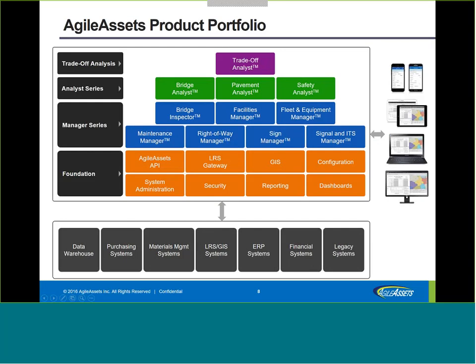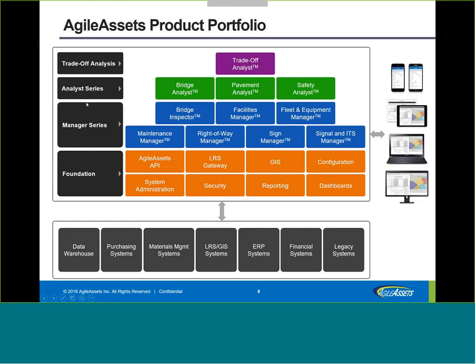Those all fall into the system foundation. Then we have a manager series. In the manager series, we have maintenance manager, right-of-way manager, sign manager. We also have signal and ITS manager. And basically the idea is to manage transportation operations and maintenance activity with this manager series.